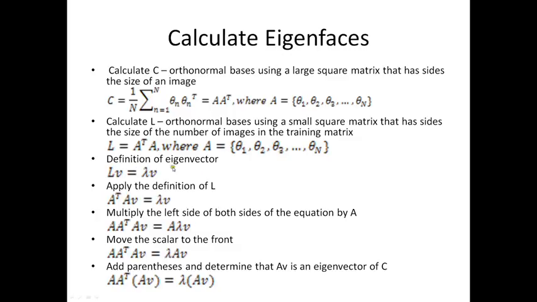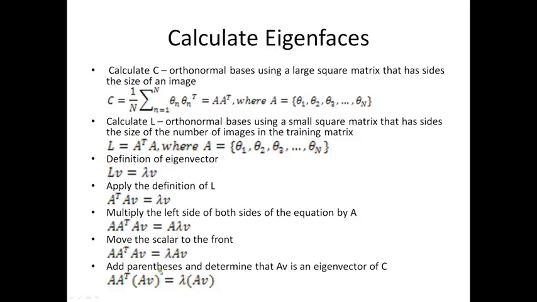Now we're going to apply the definition of eigenvector to L. So our LV equals lambda V. Then we're going to apply the definition of L, which is right here, to here, plug it in, and then we'll get this formula. And next we're going to multiply both sides by A, so just put that A out in front. And then we're going to move the scalar, because lambda is a scalar, out in front on this side.